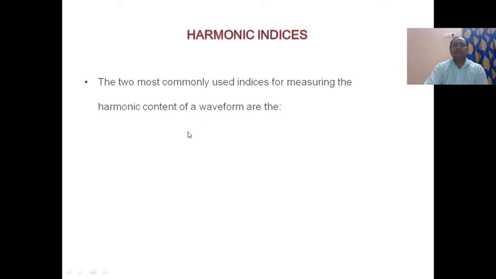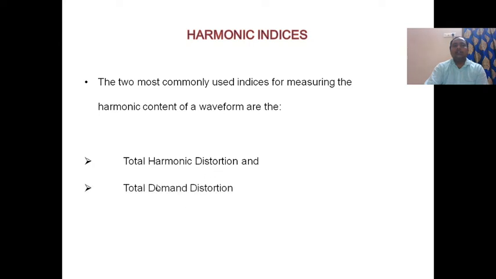Harmonic indices are a very important concept in power quality. The two most commonly used indices for measuring the harmonic content of a waveform are total harmonic distortion and total demand distortion. This is called THD, and this is the TDD.